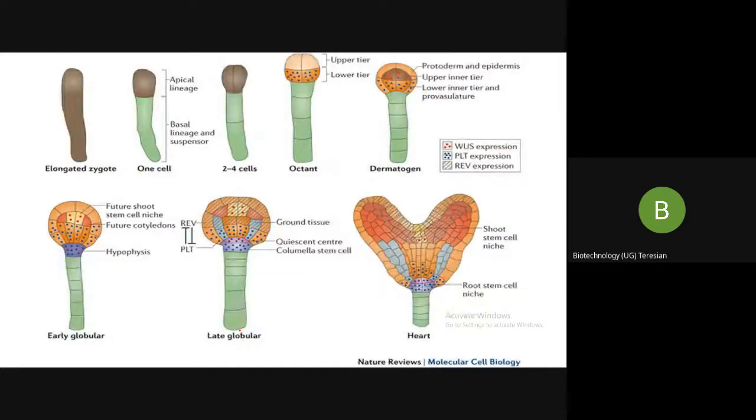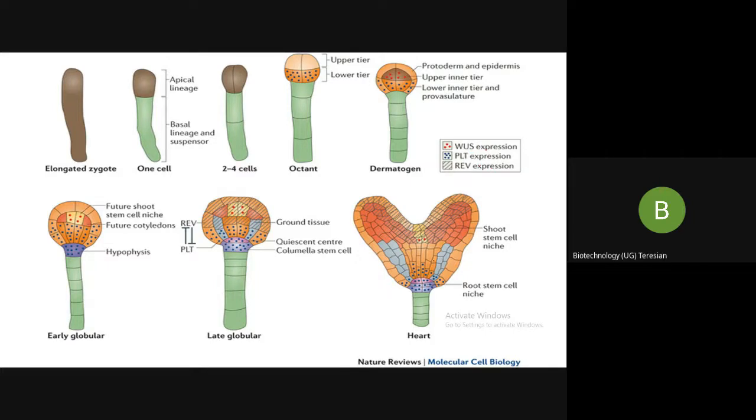So this picture is taken from Nature Reviews. You can see the various stages of the development of the embryos, and you can see here all what I had put in a small form. Look at the genes which are playing the important roles, the different types of genes which are essential.